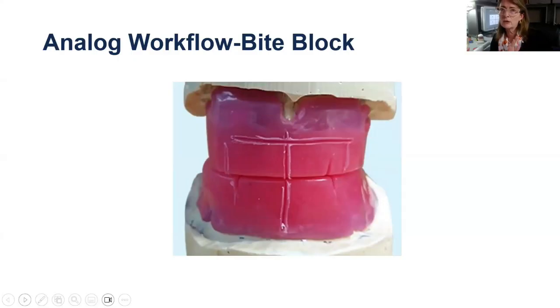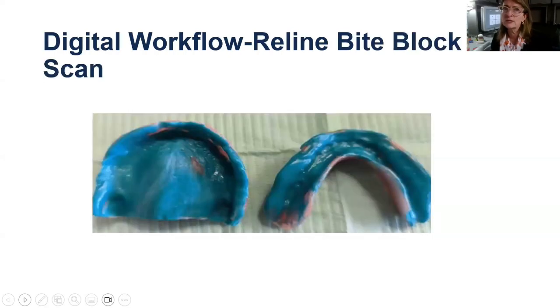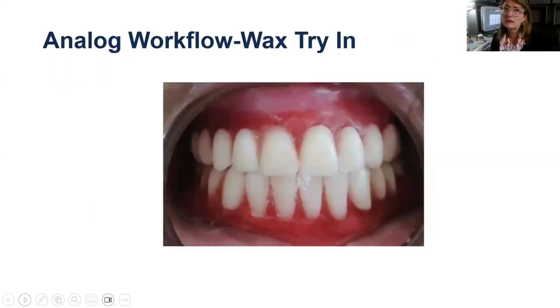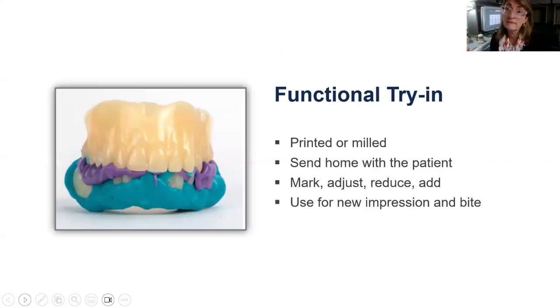So we talked about going back and forth between analog and digital. This is an analog wax bite with similar measurements, right? Wax try-in versus a functional try-in. So a functional try-in is the white material that you see there.